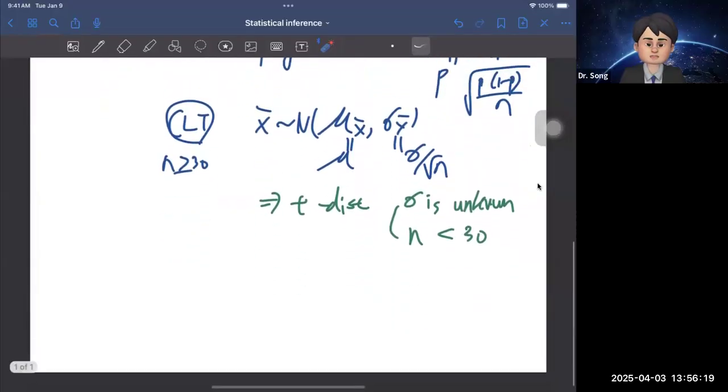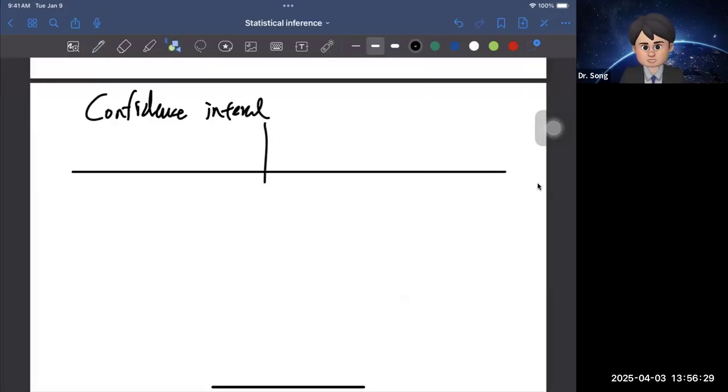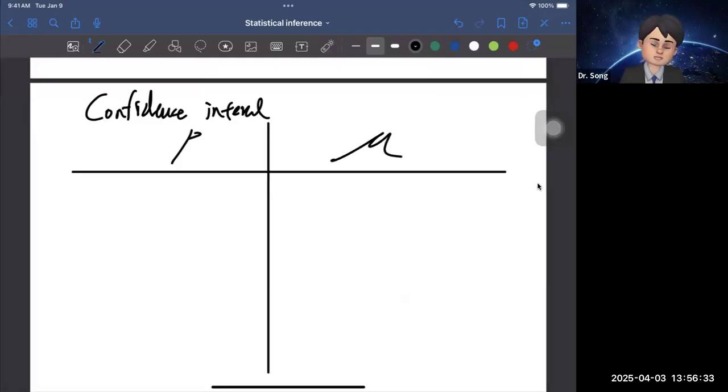So let's talk about the confidence interval first. Here, one is about the proportion p and the other one is about the population mean mu. When you get the sample proportion p hat, which is x over n, you don't stop there.